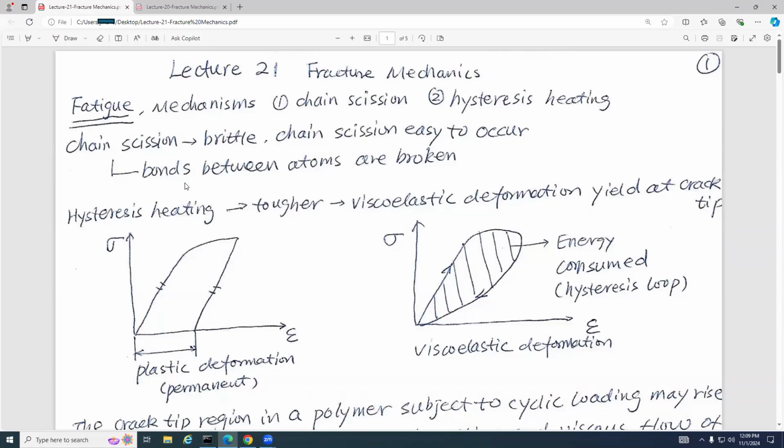However, loading and unloading follow different paths. The shaded area enclosed by these two different paths is the energy consumed. This phenomenon is called hysteresis.